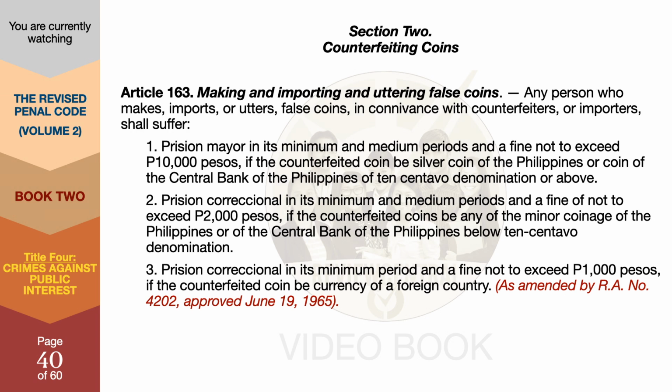Prisión correccional in its minimum and medium periods and a fine not to exceed 2,000 pesos, if the counterfeited coins be any of the minor coinage of the Philippines or of the Central Bank of the Philippines below 10 centavo denomination. 3. Prisión correccional in its minimum period and a fine not to exceed 1,000 pesos, if the counterfeited coin be currency of a foreign country. As amended by Public Act No. 4202, approved June 19, 1965.